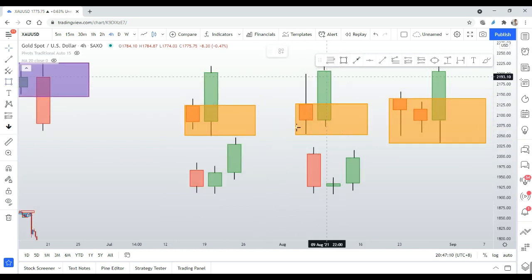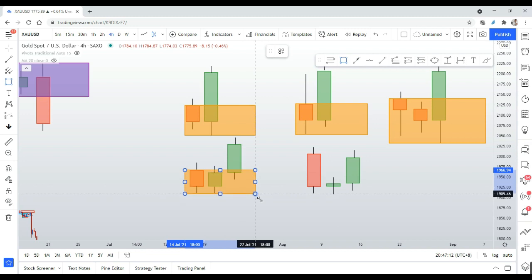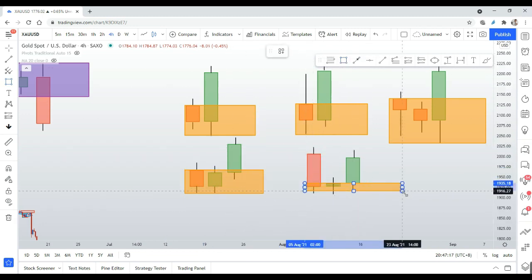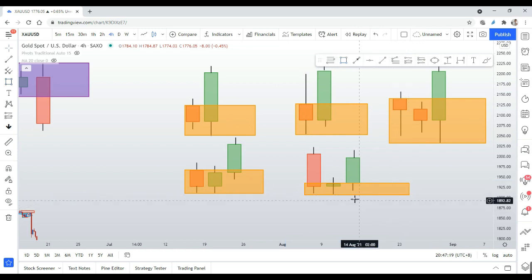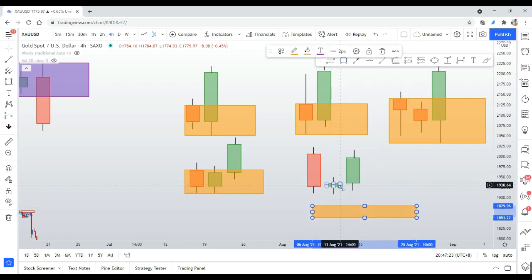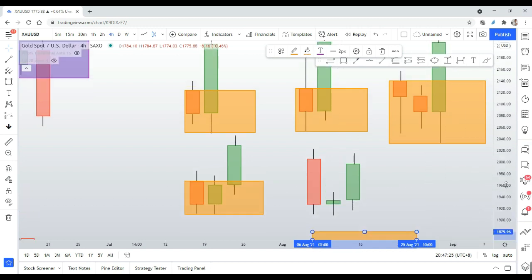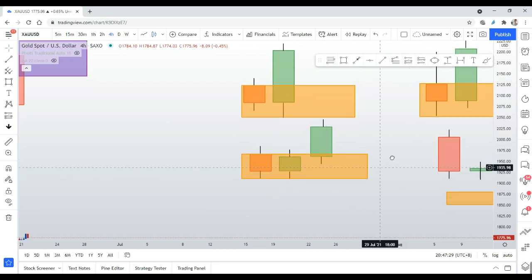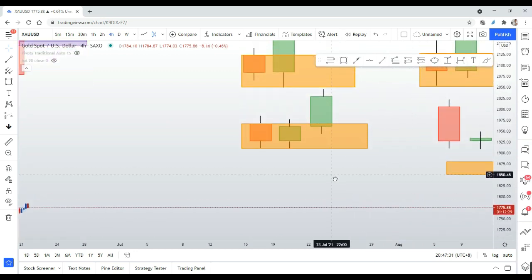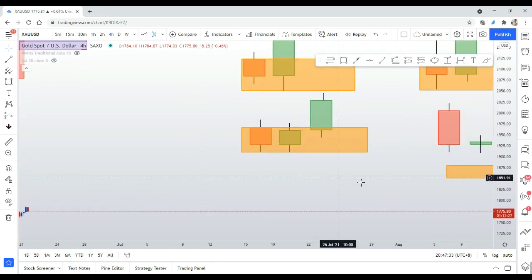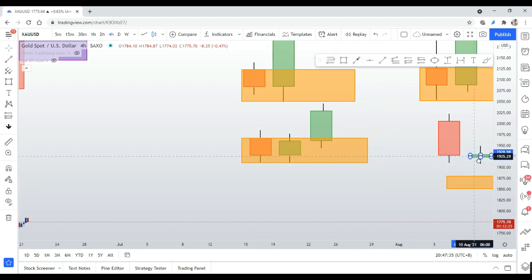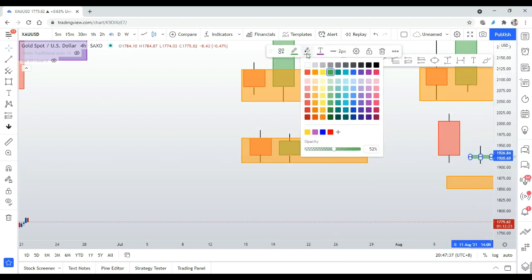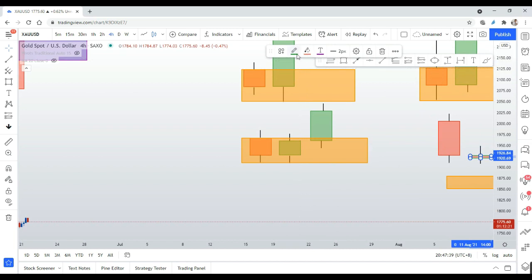So let's continue. The 4th and the 5th pattern, sometimes it might be red color. Now I need to explain everything to you guys, because of the question that I got from you guys in the comment section.